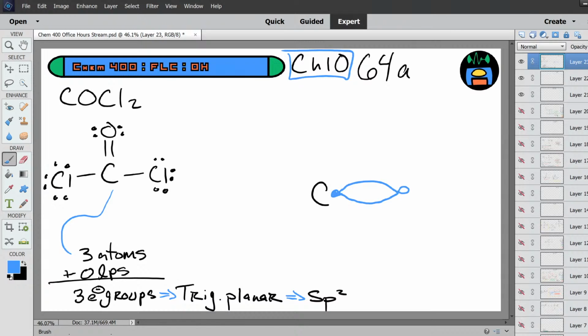we have a sigma bond between carbon and oxygen. We also have two sigmas between carbon and chlorine.